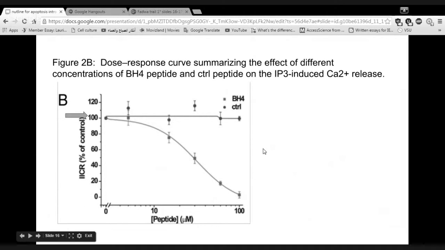To explore the effect of different concentrations of BH4 peptide and control peptide on the IP3-induced calcium release, different concentrations of peptide were measured.